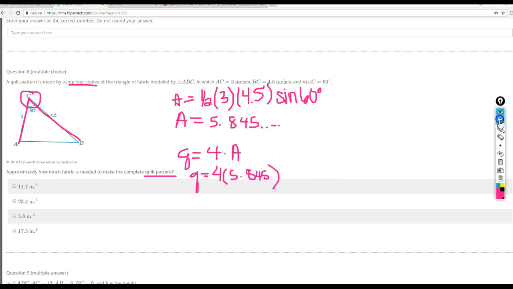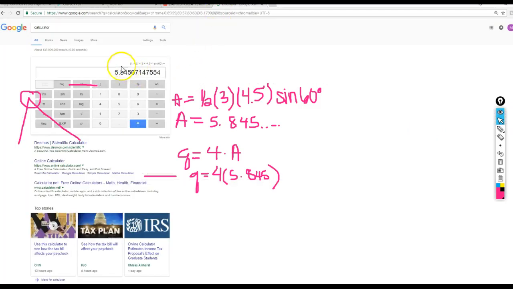So then I'm going to go back to our calculator, and since this was the last thing that I had typed in, I'm just going to hit times 4. Now this is not rounded, which is what we want. The quilt total area will equal 23.382.